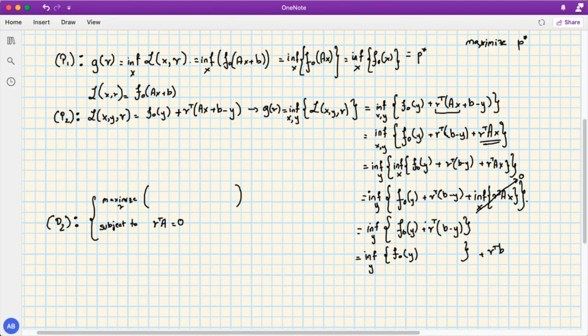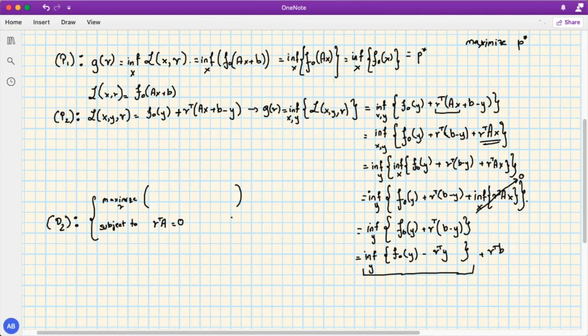And I'll keep the term nu transpose y, or correctly speaking, minus nu transpose y, right? So, okay, does this form remind you of something?